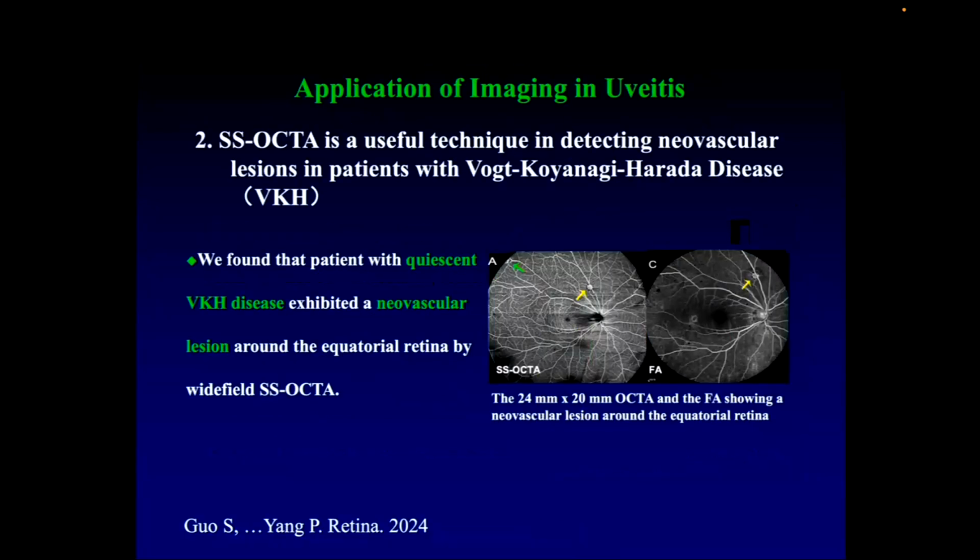SS-OCTA is a useful technique in detecting vascular lesions in patients with VKH. We found that patients with recurrent VKH disease exhibit new vascular lesions around the equatorial retina by wide field SS-OCTA.